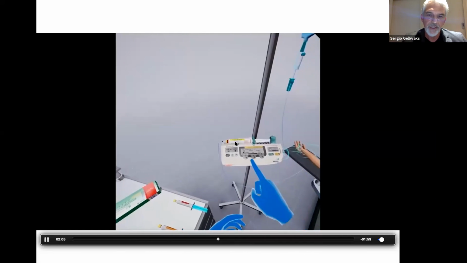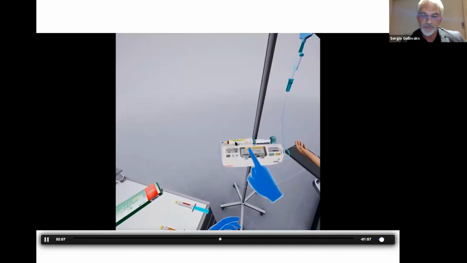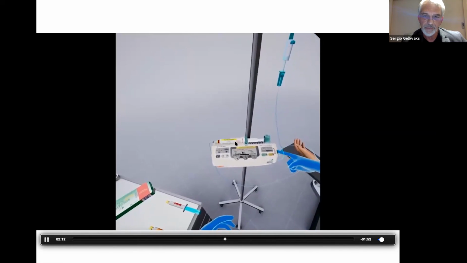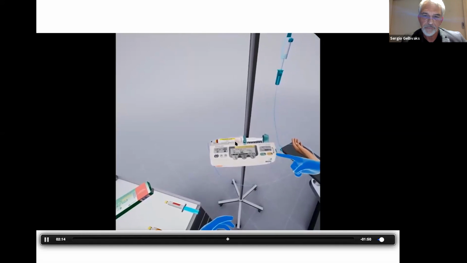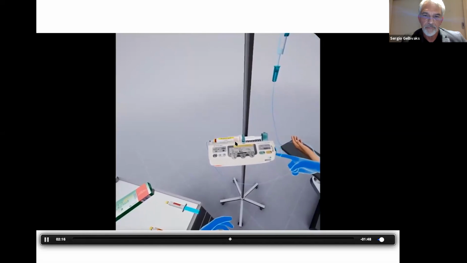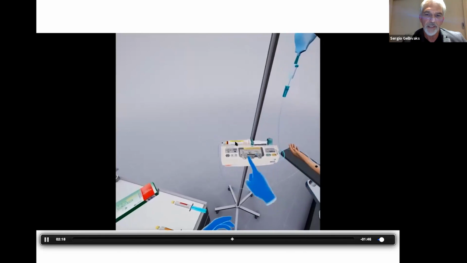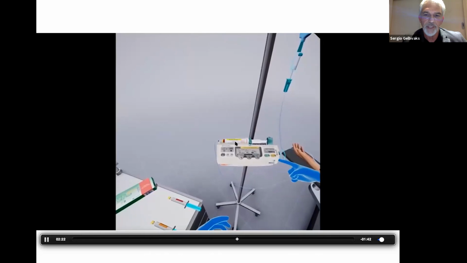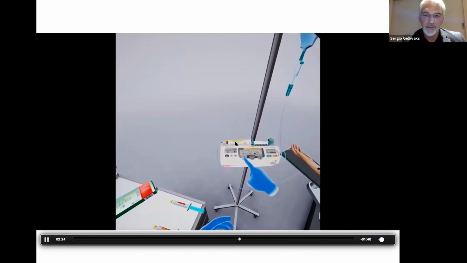Here's the student managing the infusion pump, using the infusion pump, setting the parameters. And here in this environment, he can do any errors, any mistakes that he could do with no patient at risk.